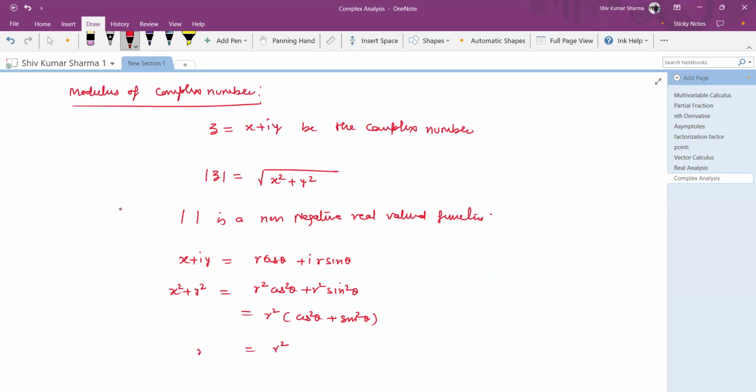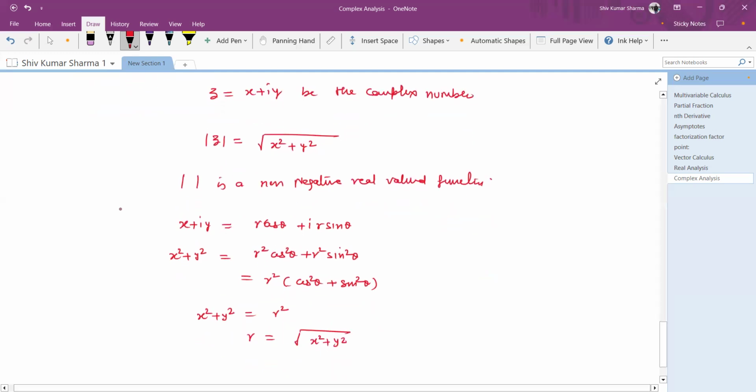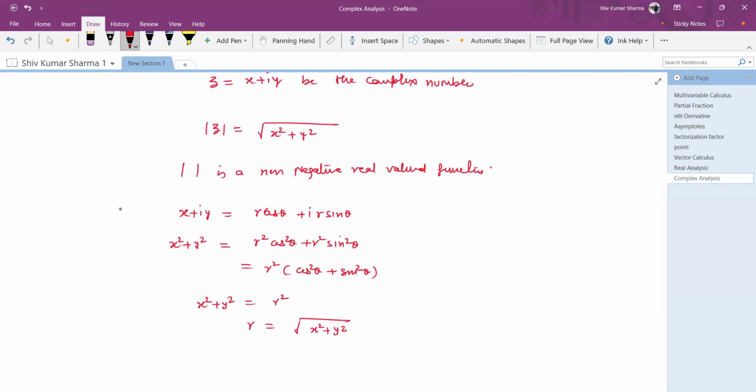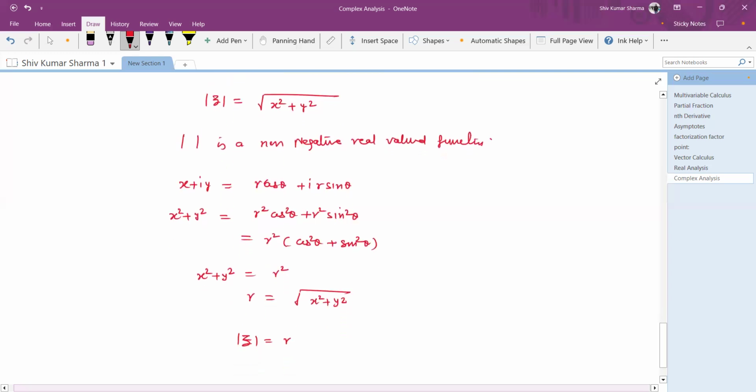So x square plus y square is equal to r square. So this r gives us the square root of x square plus y square, so we have the absolute value of z. That means modulus of z is equal to r.